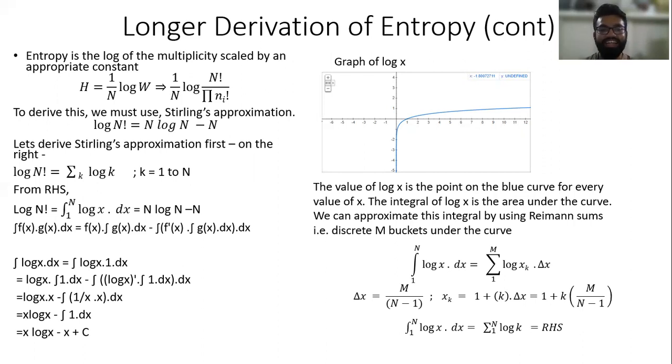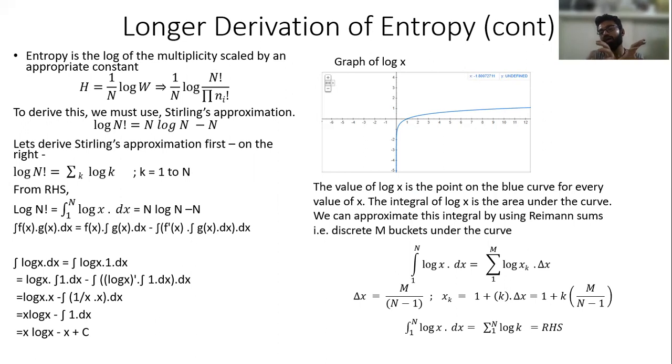Yeah, let's take a detour into Stirling's approximation. We're going to need to expand log n factorial as n log n minus n, so let me give a very brief derivation of Stirling's approximation as well. So log n factorial is nothing but log of n into n minus 1 into n minus 2 into n minus 3 and so on and so forth until you reach 1.